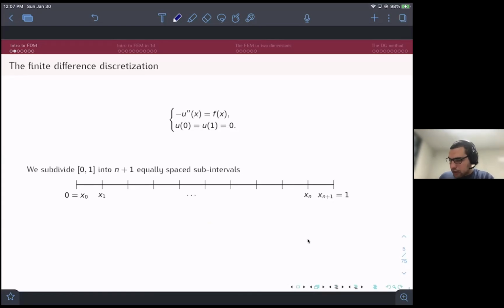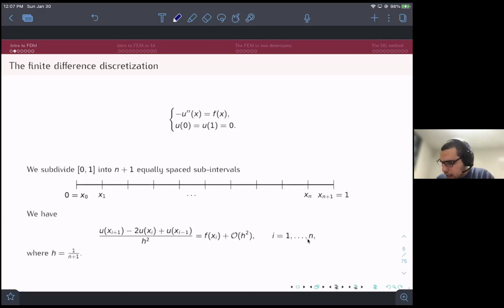And the finite difference discretization goes as follows. Take your interval 0 to 1, divide it, let's say, into n plus 1 equally spaced subintervals. You can do n if you want to; I'm just doing it for simplicity.